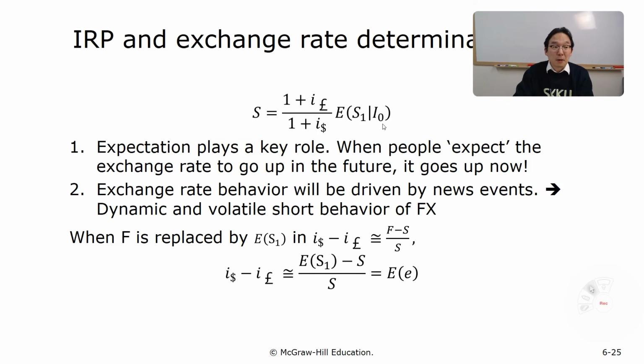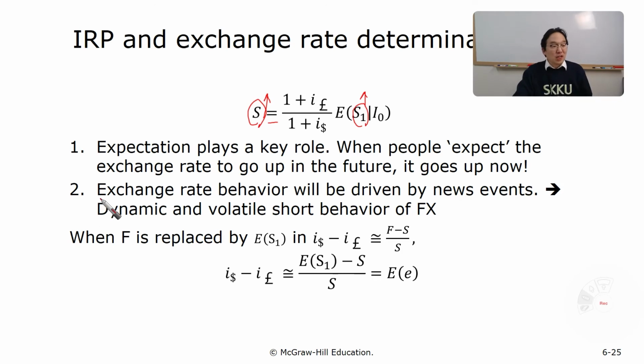Number 1, expectation plays a key role. When people expect the exchange rate to go up next year, it goes up right away because of this equality. It's self-fulfilling. It goes up right now.